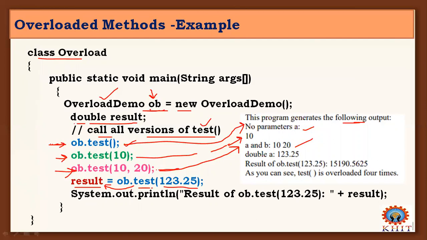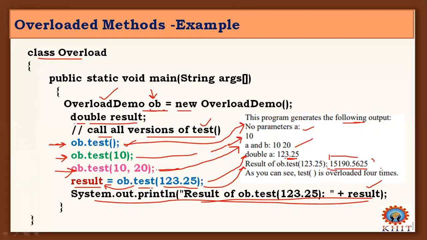First it displays the value, and it returns the square of this double value, and we are going to display it using System.out.println of result, ob.test of this one, and this result displays the square of that value, 123.25. So this is the value displayed on the screen. So here this test is overloaded four times. Got it?